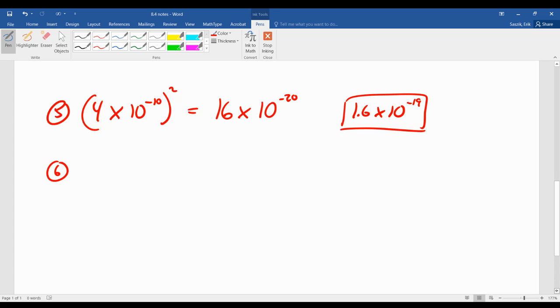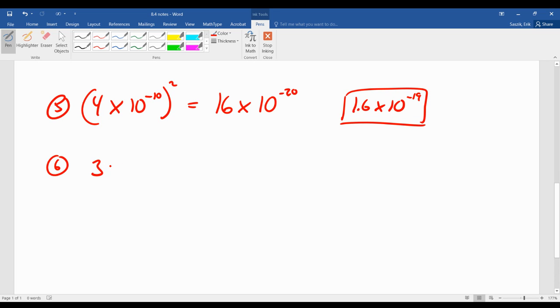Here's one that's going to be a little bit harder. Watch this. 3 times 10 to the 20th squared, and that would be times 2 times 10 to the negative, I'm just making this up, and that's squared as well.